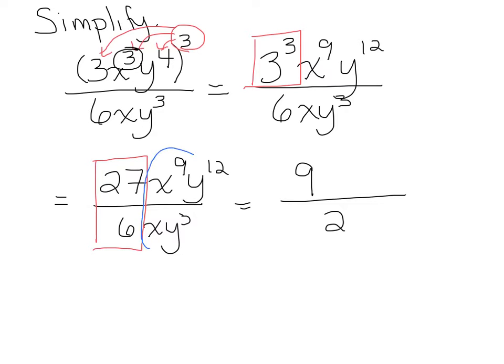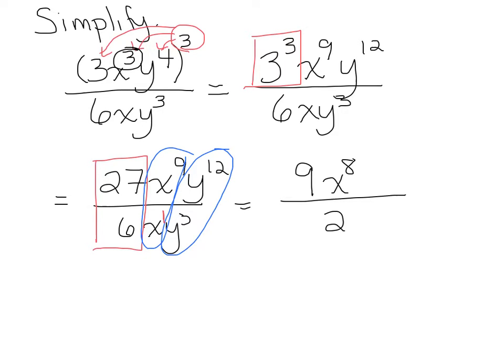For the variables of x and y, we're going to use the quotient rule. Remember, the quotient rule says that we subtract our exponents. For the variable of x, we have 9 minus 1, because this is understood to be 1 here. So that's going to be x to the 8th.